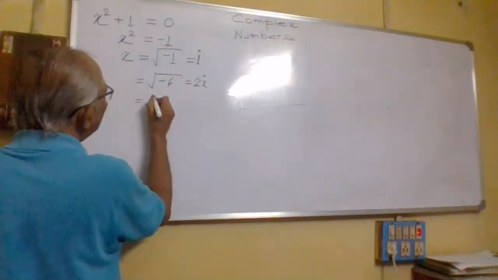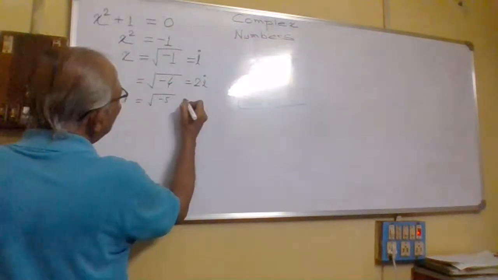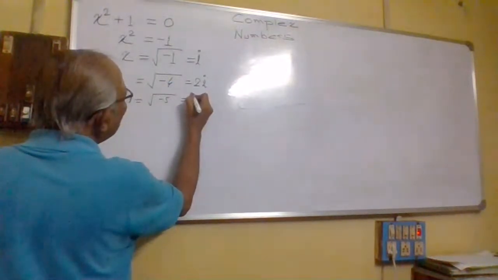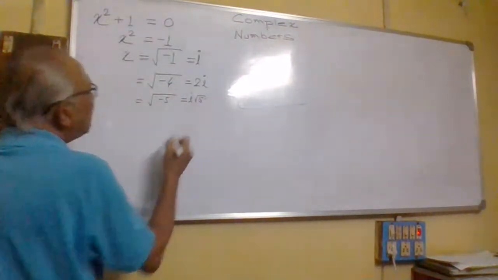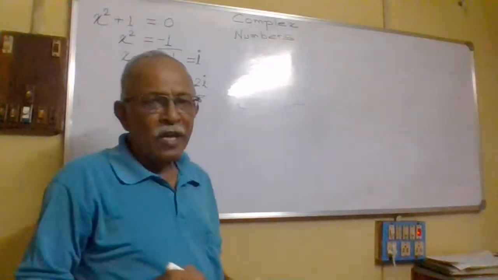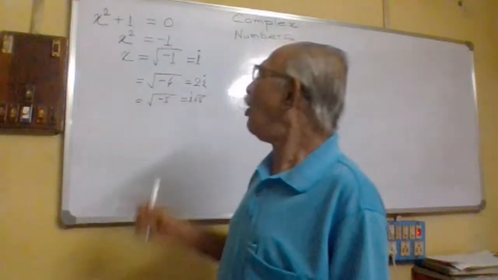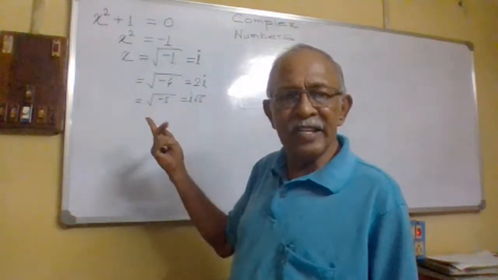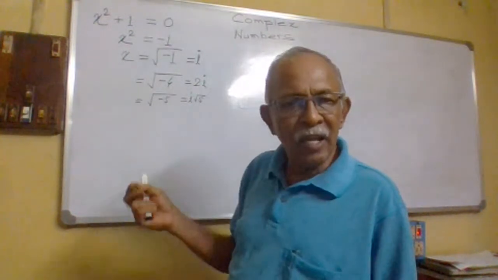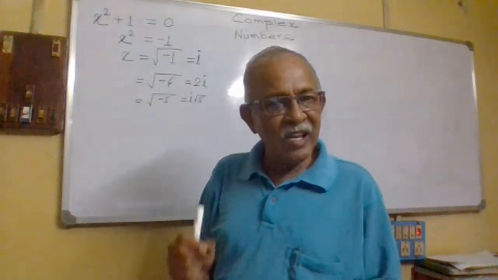Root of minus 5, we can write as i root 5. In this way, if we make only one assumption, we can find the solution for all these negative numbers inside the root.